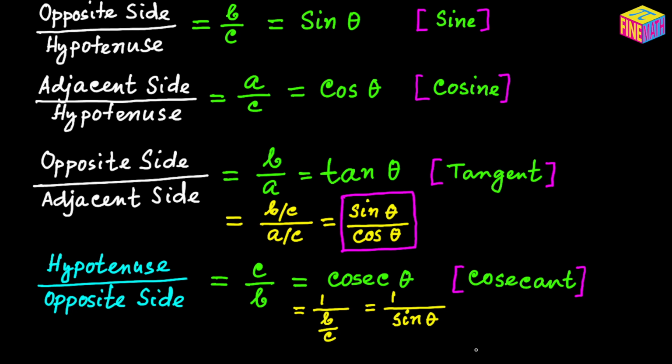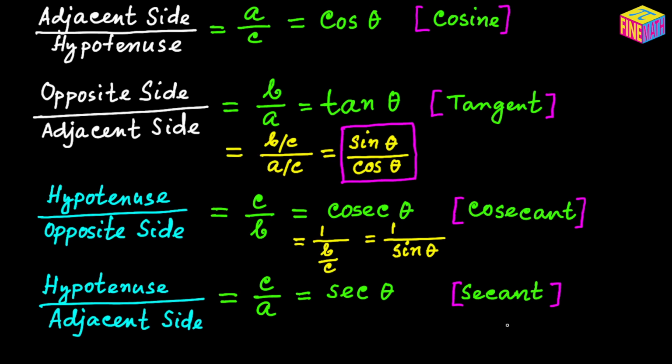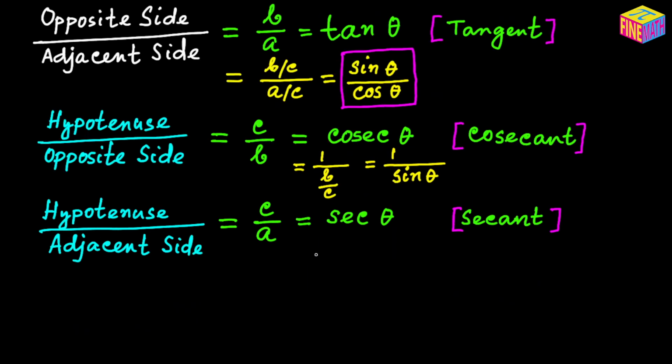Now let's talk about the fifth ratio here. The fifth ratio is the ratio between hypotenuse and the adjacent side, and this will be C divided by A. This ratio is called the secant of theta, S-E-C-A-N-T. In abbreviation we write it as sec theta. Also this sec theta has a relationship with cos theta.